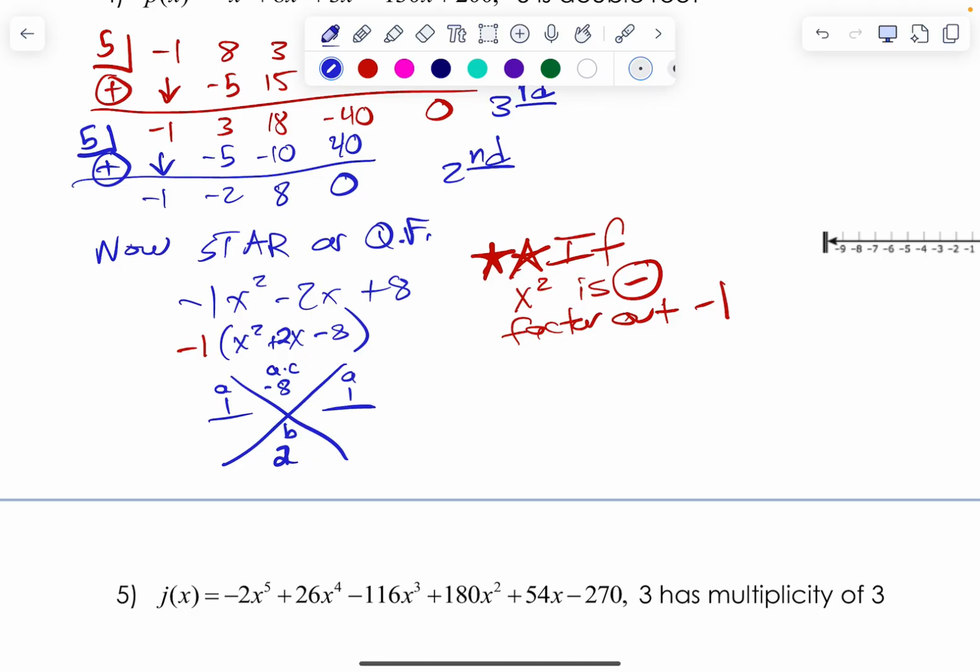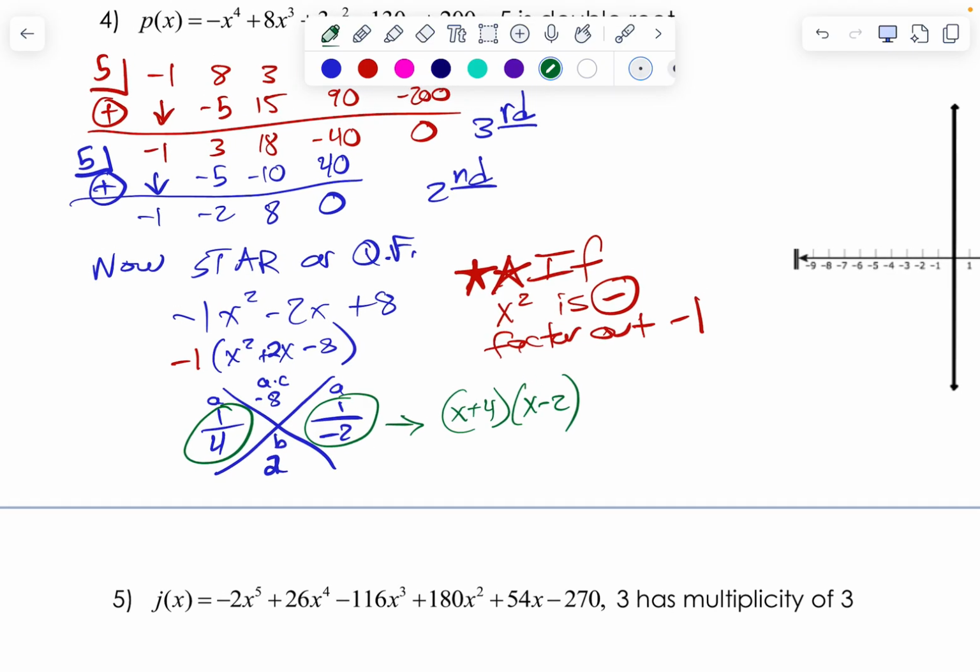And then a is 1. So what factors of negative 8 add up to positive 2? 4 and negative 2. Okay, both of those are already reduced because a is 1. So this becomes x plus 4 times x minus 2.